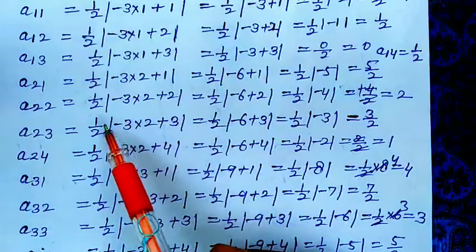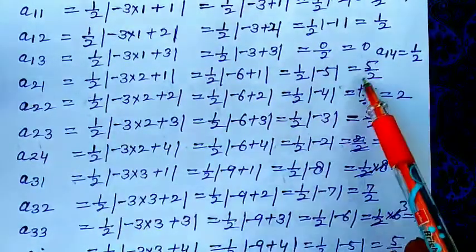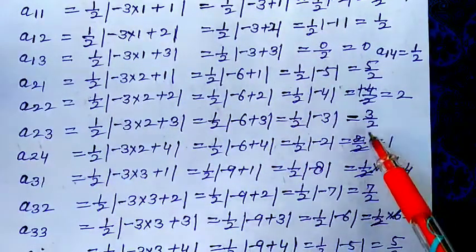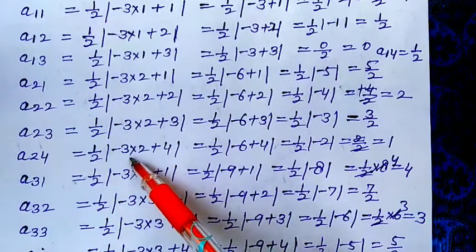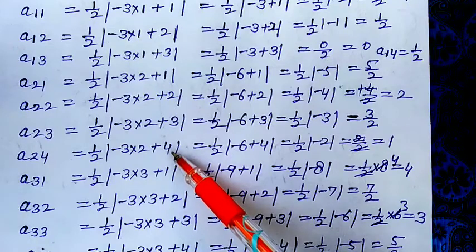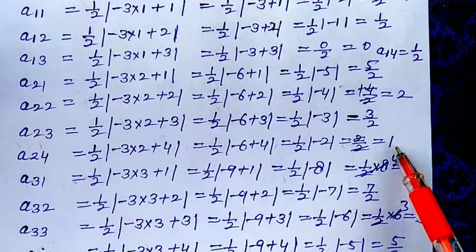Now we have A21 5 over 2, A22 2, A23 3 over 2. For A24 we put 2 in place of i and 4 in place of j. After solving we will get 1.